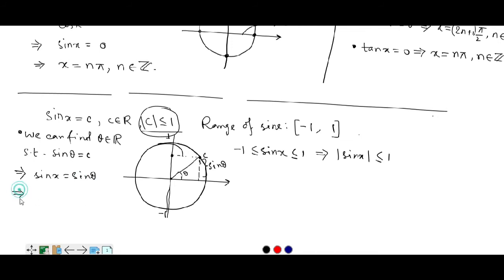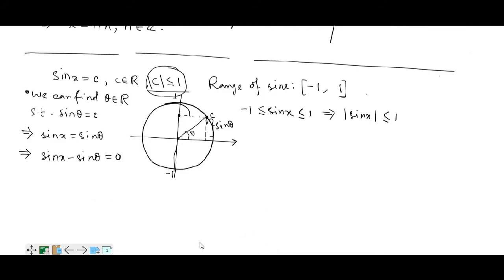Now sin x equals sin theta is very easy to solve, because we can take sin theta to the left hand side, and now it is in the form of sin C minus sin D. So we can easily write the formula: 2 cos of (C plus D) by 2 sin of (C minus D) by 2.